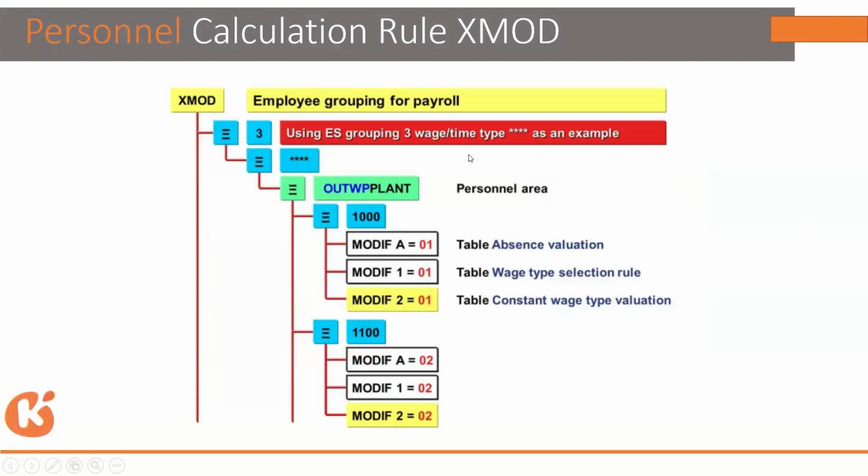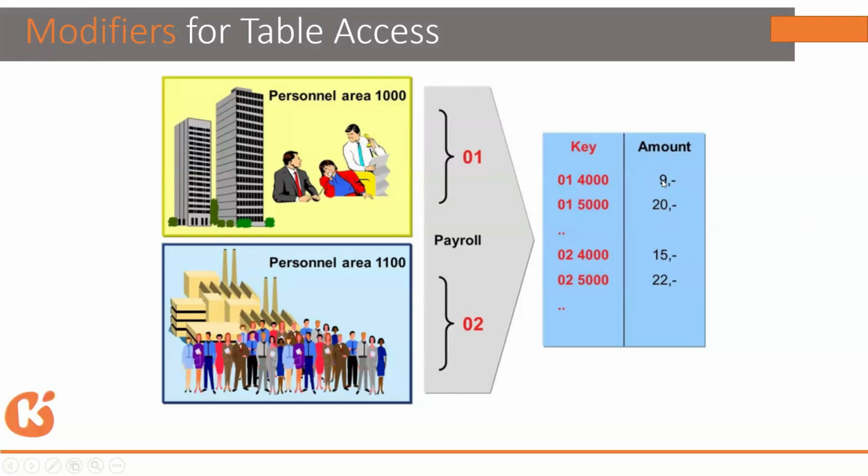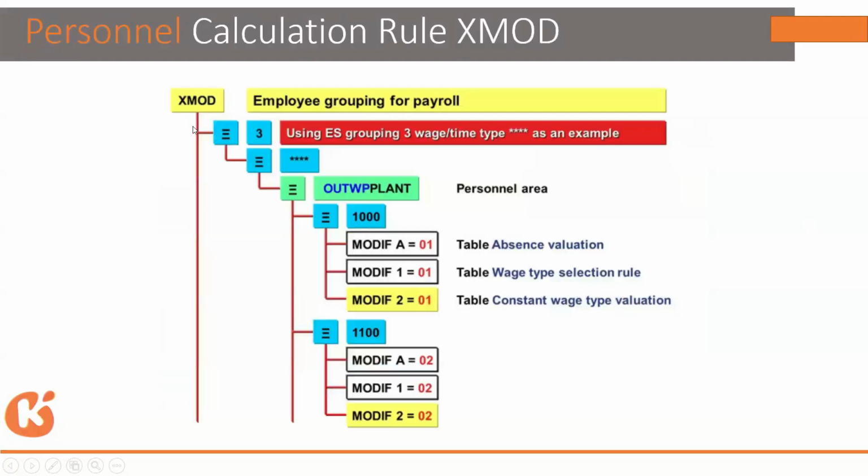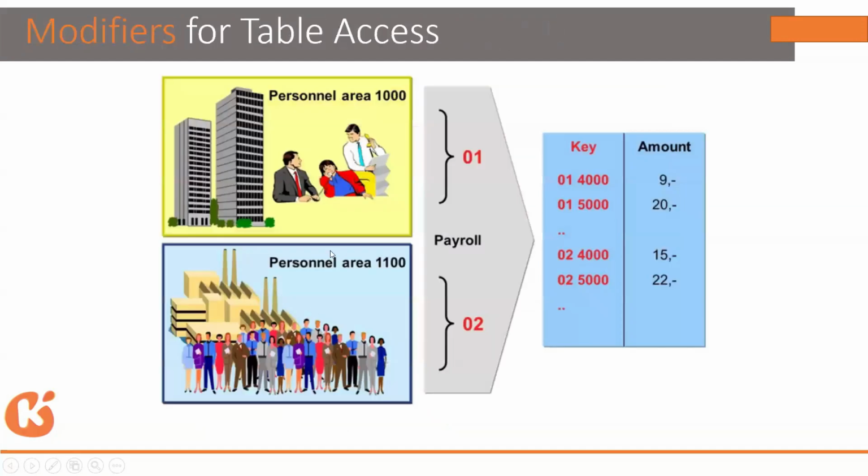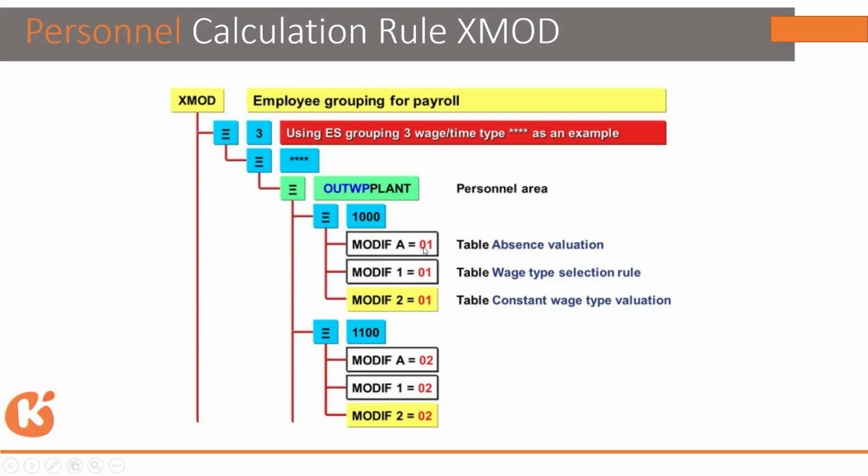So personal area when it is 01 or personal area when it is 02, you have a different amount. Here also you can see personal area 01 or 02, so for that you will have to write all these formulas. And here also you can see personal area 1000 and personal area 1100. So this is just one of the examples.